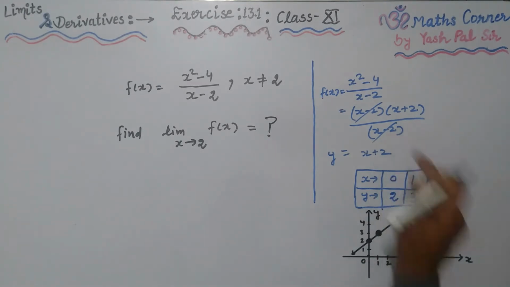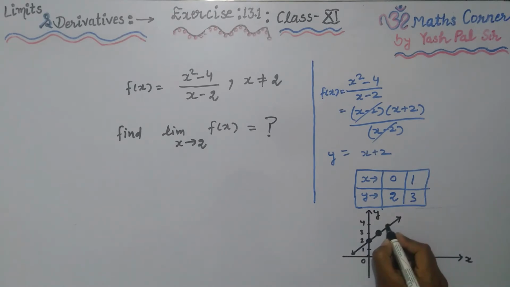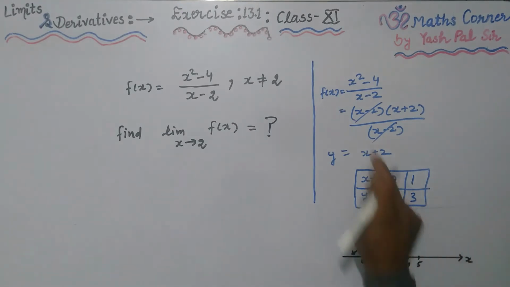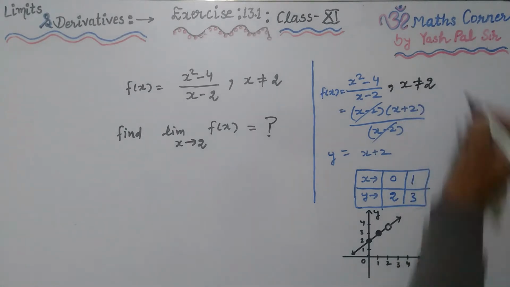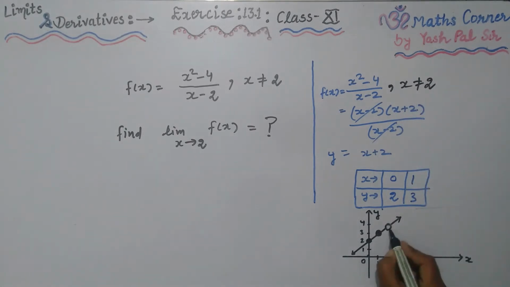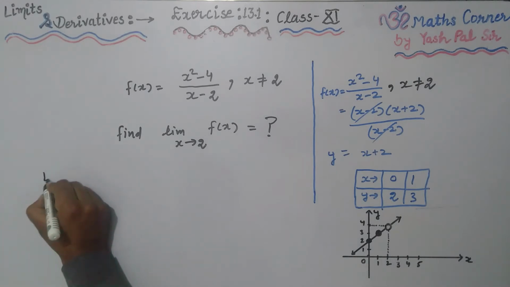Now what was given? This also passes through x equal to 2, but we cannot darken this. This is not darkened as these 2 points are darkened, because we have already taken that x is not equal to 2. So from here we are going to take the limit, right? From the left side we take the left handed limit.